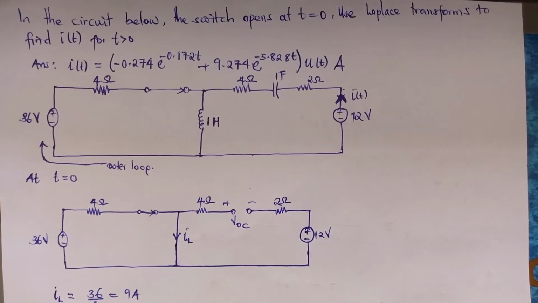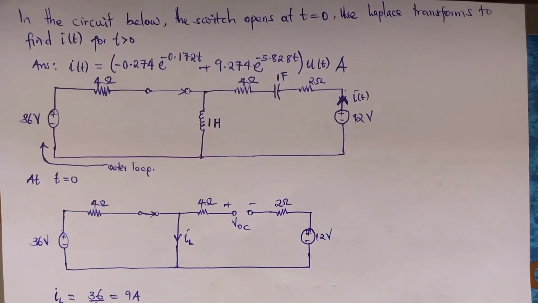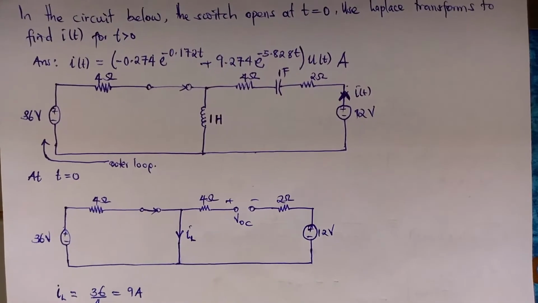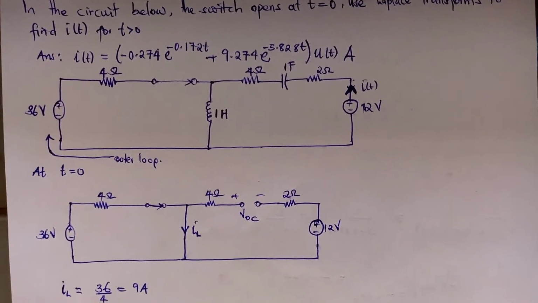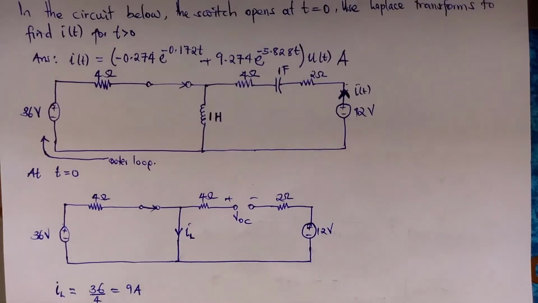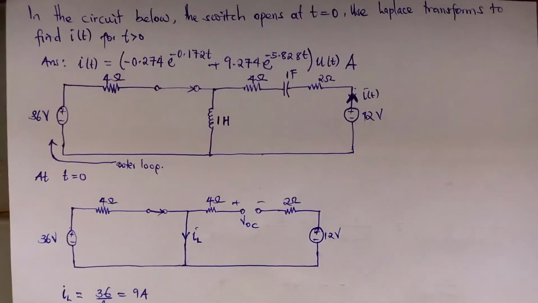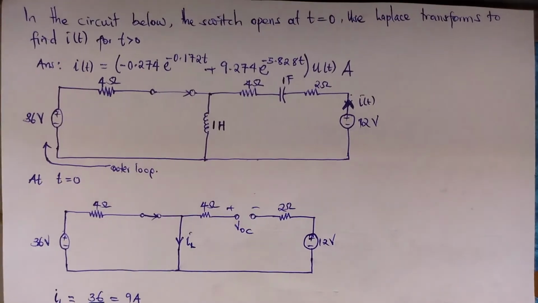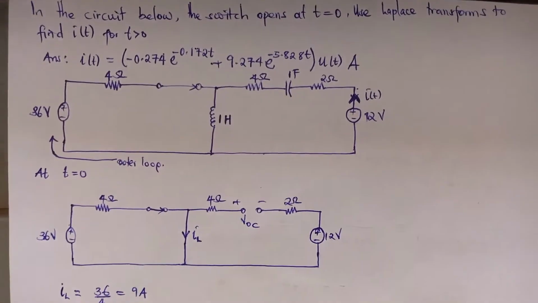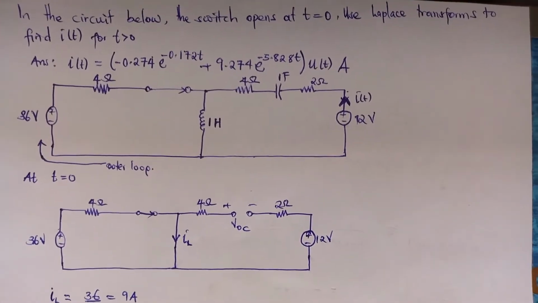In transient circuit analysis, I told you that what you have to do first is to determine the storage devices in the circuit. Storage devices can include capacitors, inductors, and others.